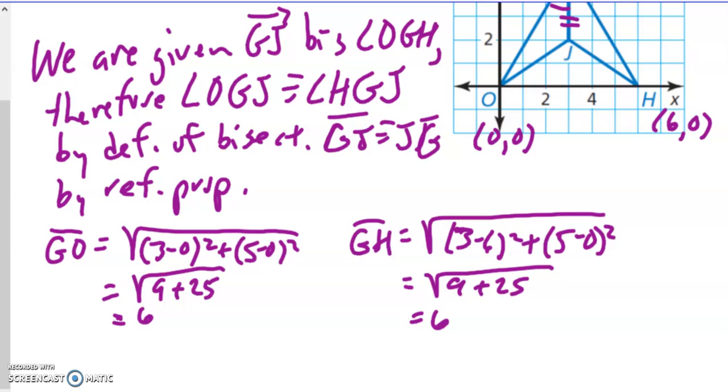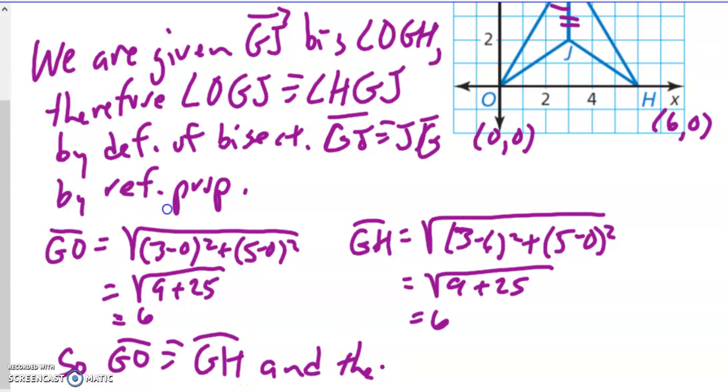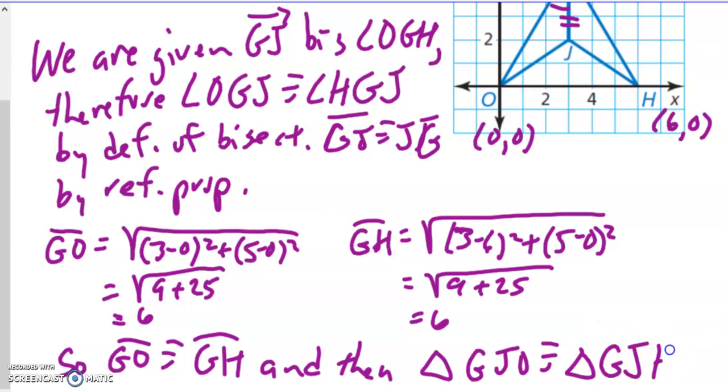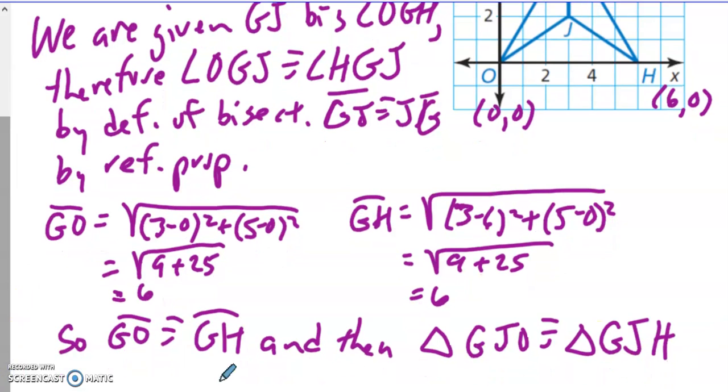Okay, so hopefully you got that both the distances are 6. So GO is congruent to GH, and then triangle GJO is congruent to triangle GJH by side angle side.